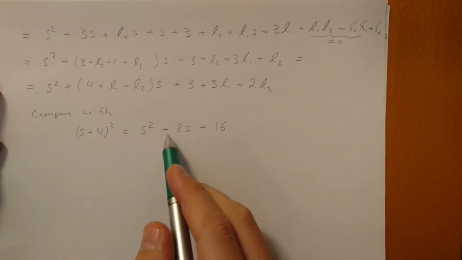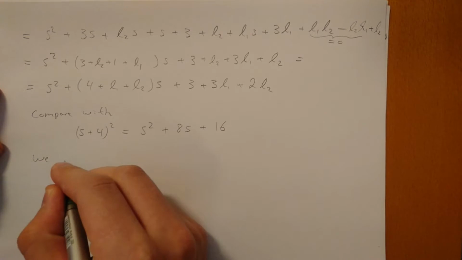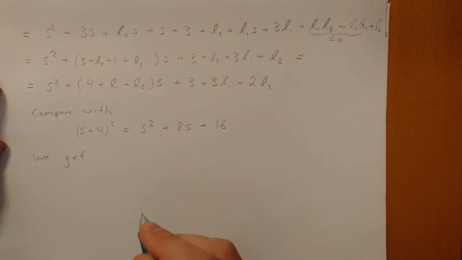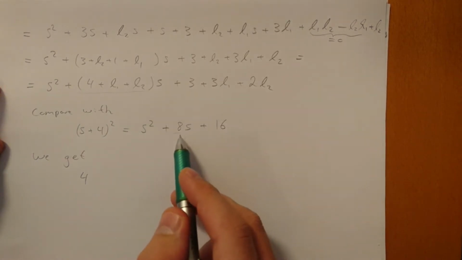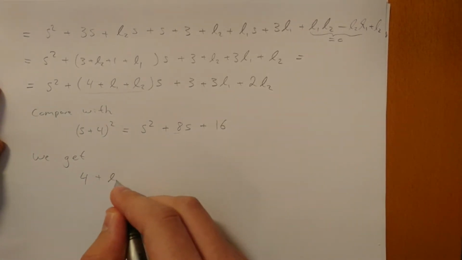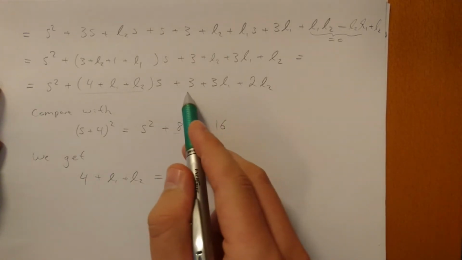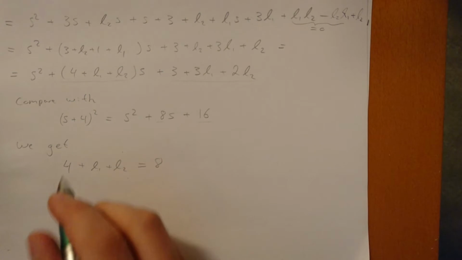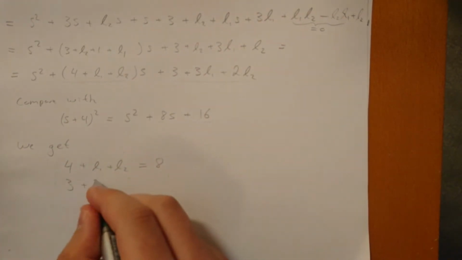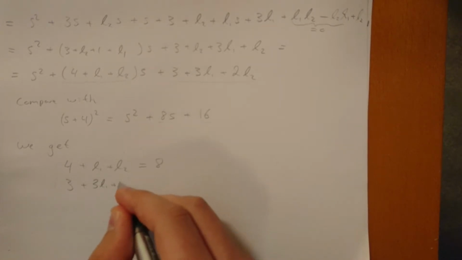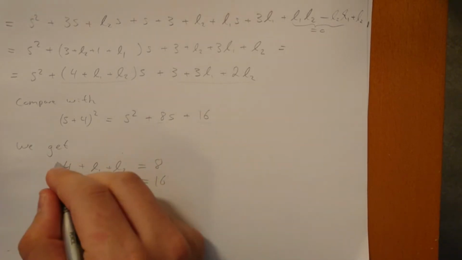And now we're comparing this with that in order to identify the coefficients. So we get an equation system. This thing must be the same as 8. So 4 plus L1 plus L2 should equal 8. And then the constant term should be equal to 16. So 3 plus 3L1 plus 2L2 should be equal to 16.